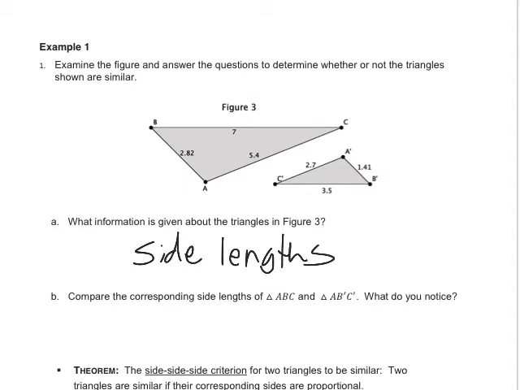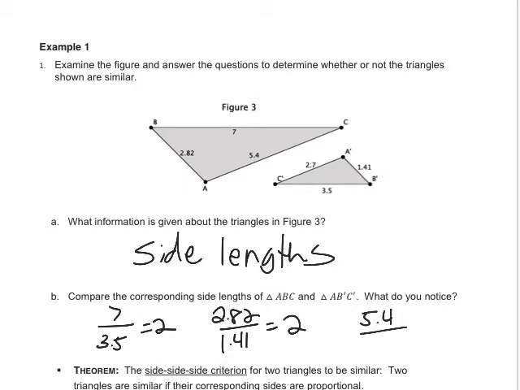If we take the 7, which is BC, that's going to correspond to the 3.5, and that's a ratio of 2. The 2.82 is going to correspond to the 1.41, that's also a ratio of 2. And the 5.4 corresponds to the 2.7, and that's also a ratio of 2. So all sides are proportional when we do that.